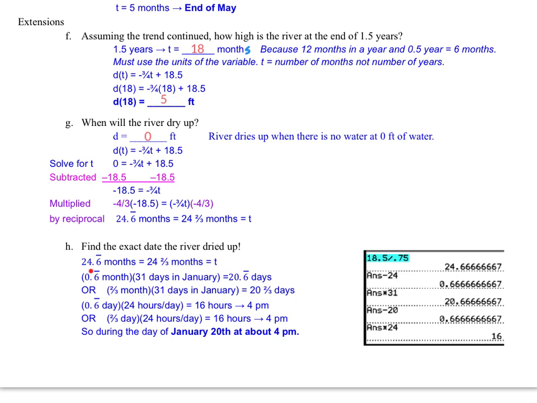You saw that I did it as a decimal or a fraction, either way, same thing. There's 24 hours in a day, so we multiply the 0.6 repeating times 24, or 2/3 times 24. That gives me 16 hours. 16 hours from midnight, 12 a.m., puts us at 4 p.m. So I should be drying up on January 20th at about 4 p.m.